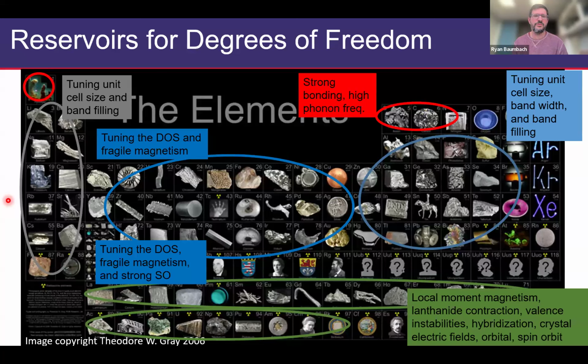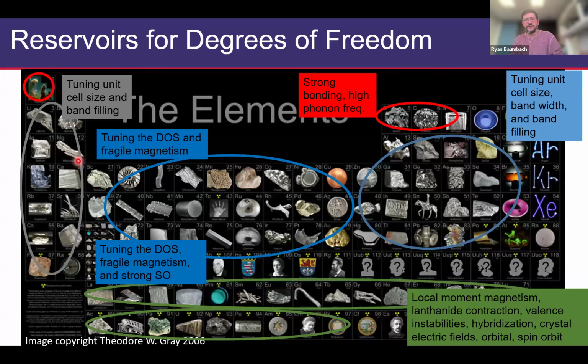When you go through the periodic table, you can realize that different parts of it are going to give you really distinct features. And I won't read this whole thing, but I'll just point out that if we go on the left-hand side, for example, and think about alkaline metals and alkaline earths, what you would get here is perhaps tuning of the unit cell size, going down the column, or band filling, going from left to right.